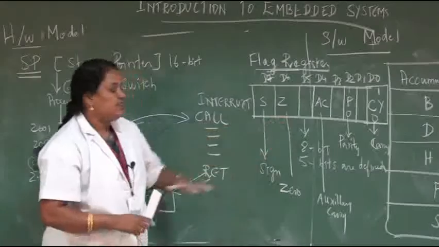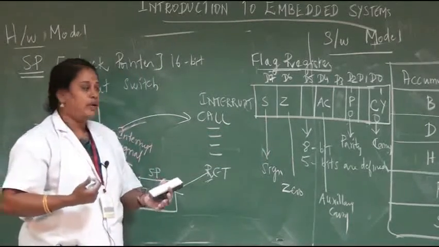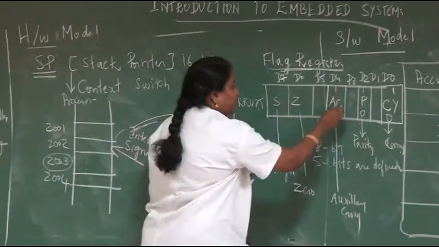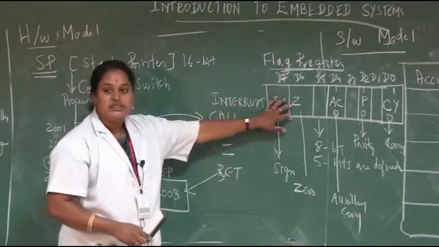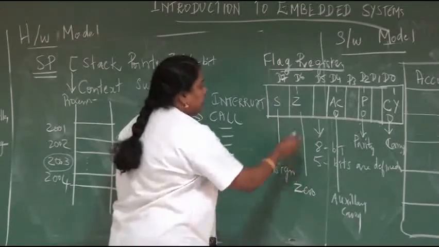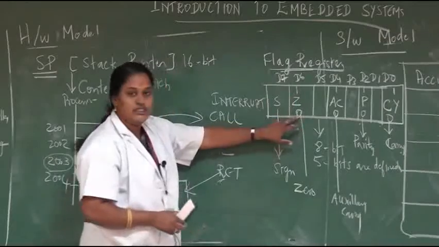And auxiliary carry: suppose a carry is generated between the lower byte and the upper byte, it is referred to as auxiliary carry. When it is set, it is 1. By default it is 0. Suppose the previous result is 0, the zero flag is set as 1. If a non-zero result is generated, it is set as 0.